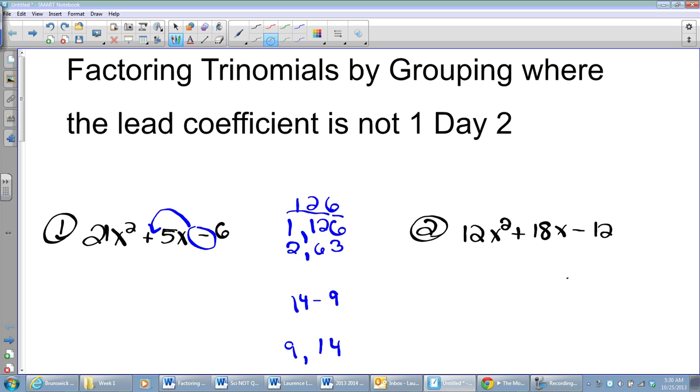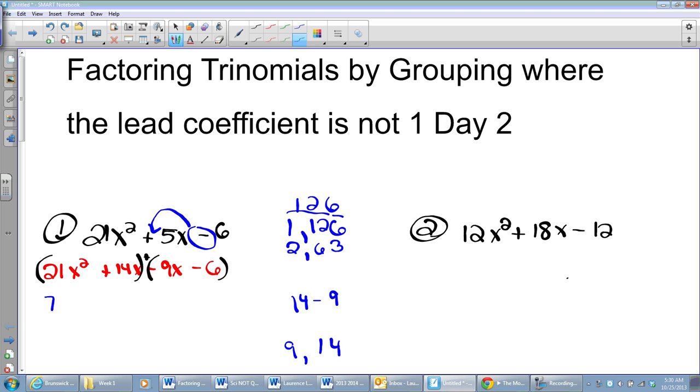So I'm going to rewrite my trinomial. 21x squared plus 14x minus 9x minus 6. And then I'll go ahead and group, grabbing the sign, pull out my GCF.